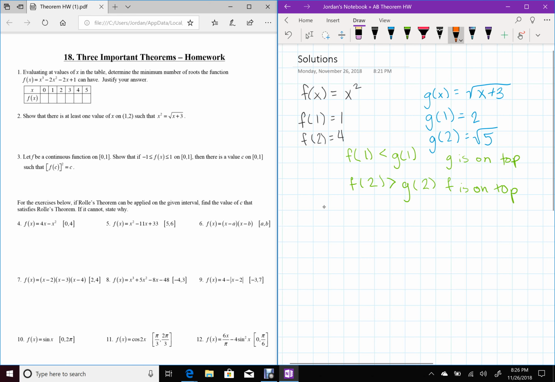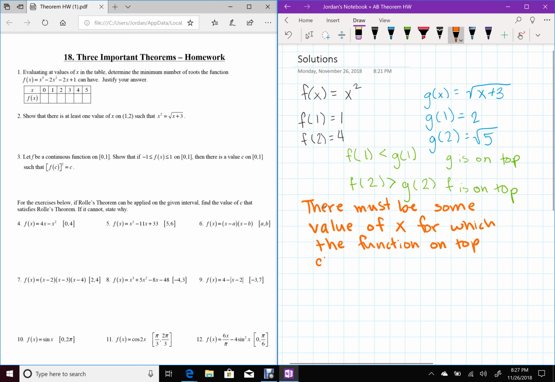So what we can conclude from this is that there must be some value of x for which the function on top changes to being the function on bottom. By IVT.